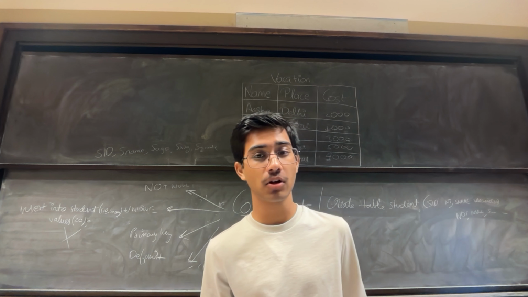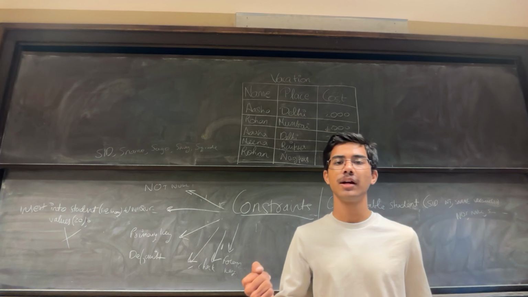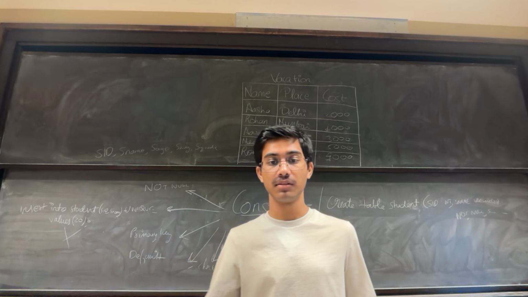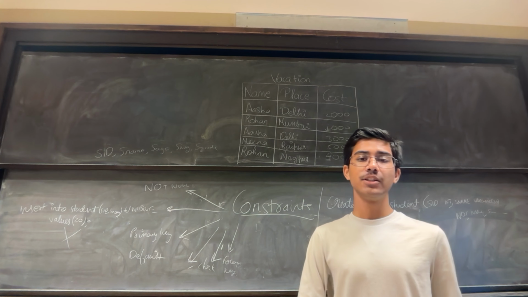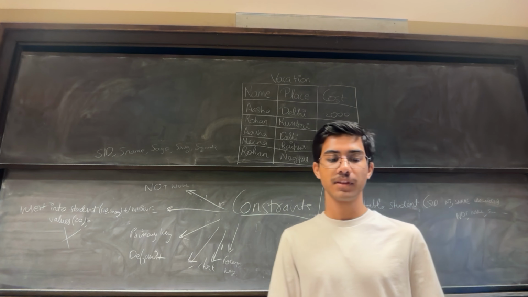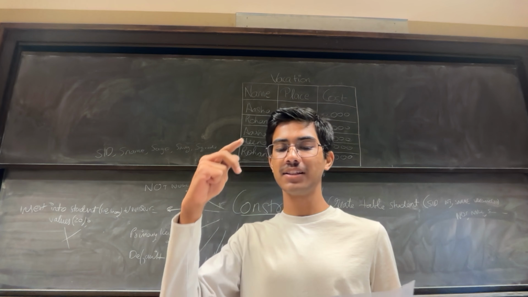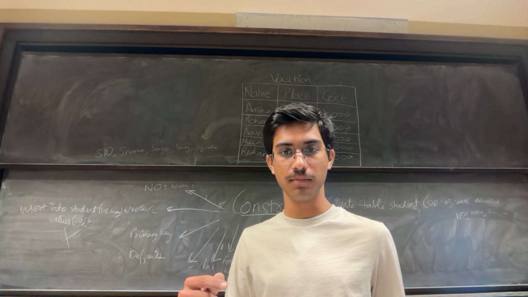What about unique? When I say unique, the first thing that comes to your mind probably is different, something that's unique, distinguishable, right? So the unique constraint works by ensuring that no 2 rows have the same value in a particular column.